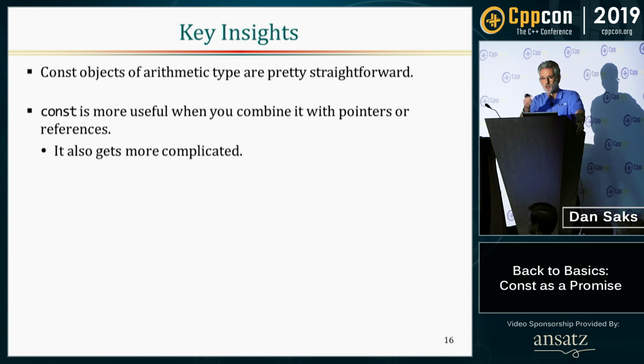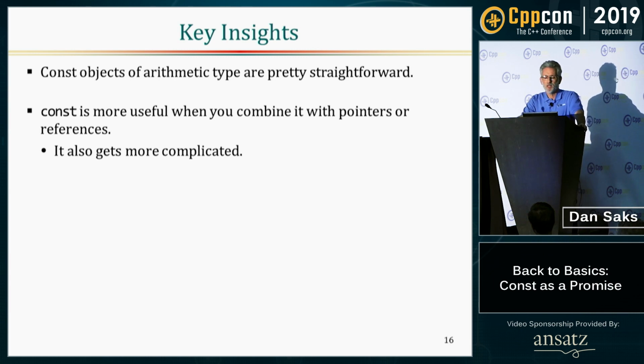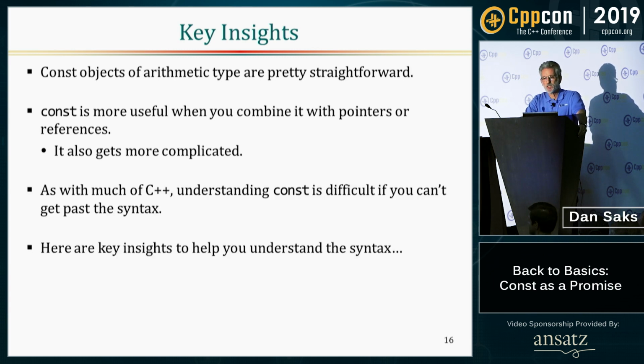Now, as we just saw earlier, declaring const objects of an arithmetic type is pretty straightforward. The real interesting and complicated stuff happens when you start mixing in pointers and references. My experience in teaching this is that a lot of people don't quite understand the syntax of declarations, let alone how const plays a role in there.